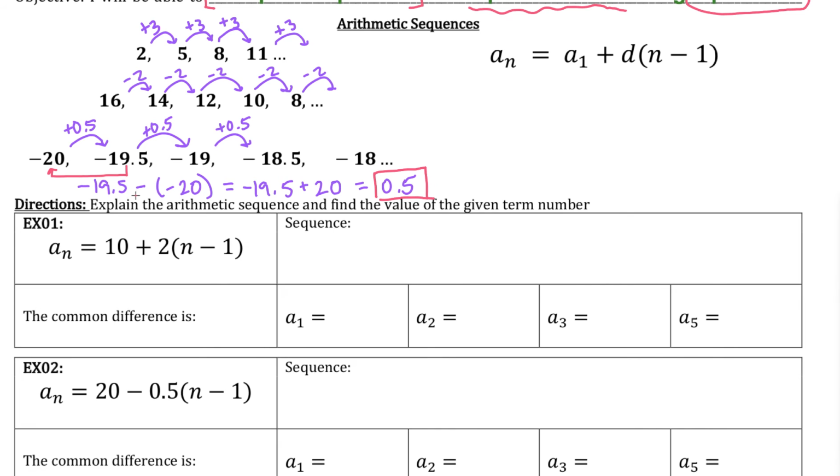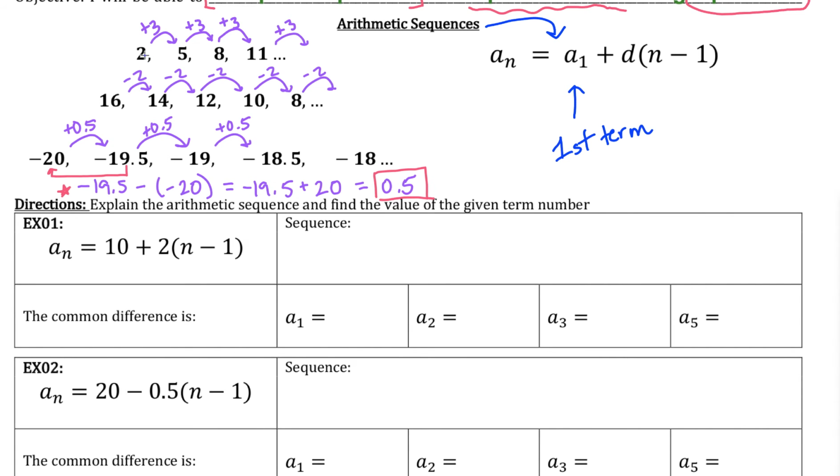Let's do that right here. I'll put a star. So this is our general equation, our equation for arithmetic sequences. We'll just put it here: arithmetic sequences. This A1 is the first term.